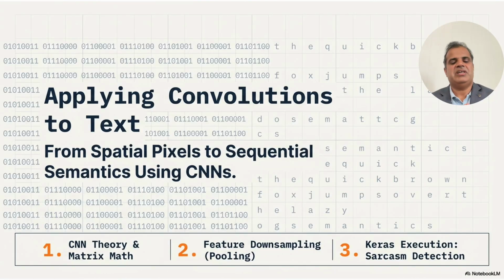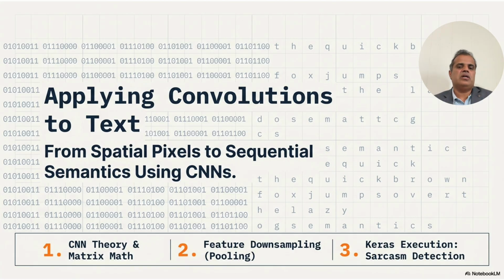Welcome back, everyone. Today we are exploring a major structural shift in deep learning. Up until now, you have probably heard of convolutional neural networks, or CNNs, as tools exclusively used for computer vision, things like facial recognition or self-driving cars scanning pixels.